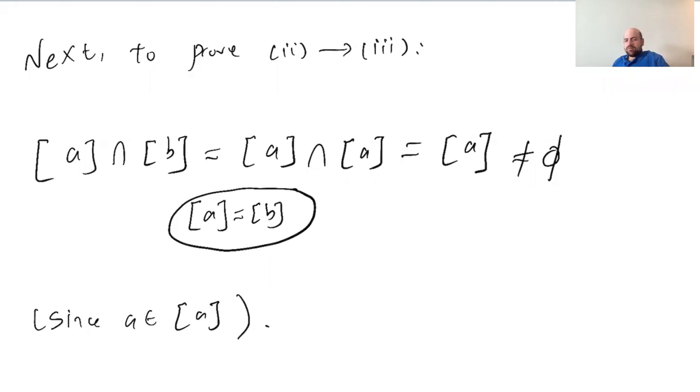Because equivalence class of A means all the elements which are in relation with A. Well, A is in relation with itself. Why? Because the relation is reflexive. Remember, I'm assuming that the relation is an equivalence relation, so it's reflexive, and therefore A is in relation with itself. And well, if this equivalence class at least contains A, therefore it will be non-empty.